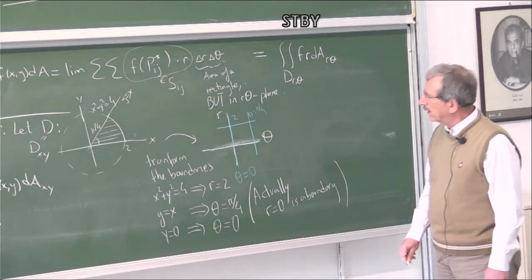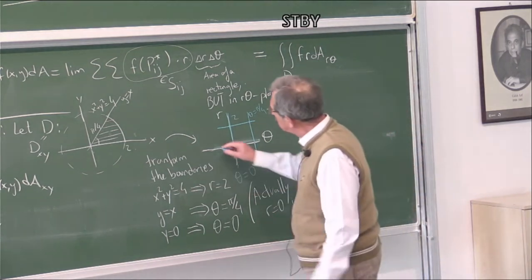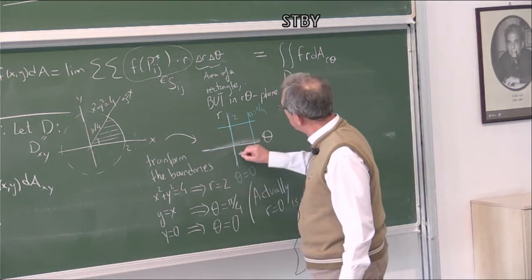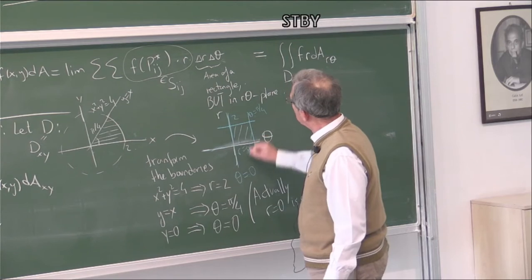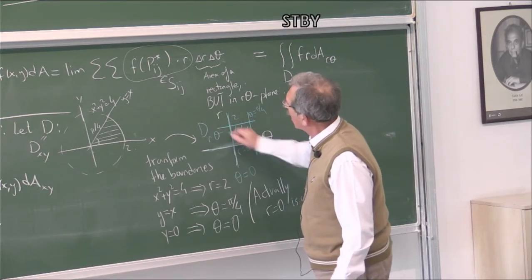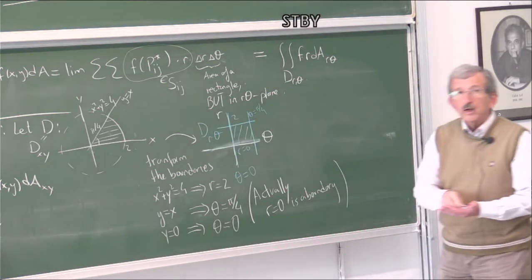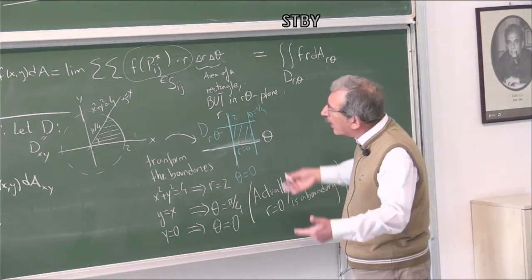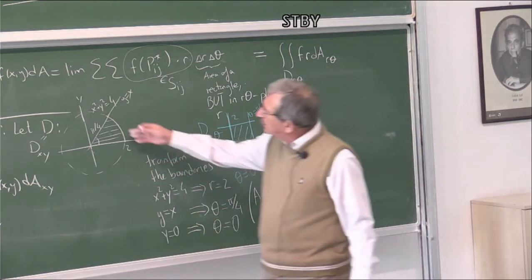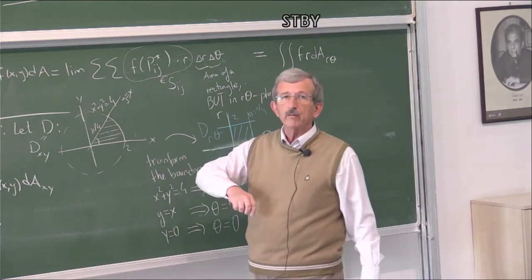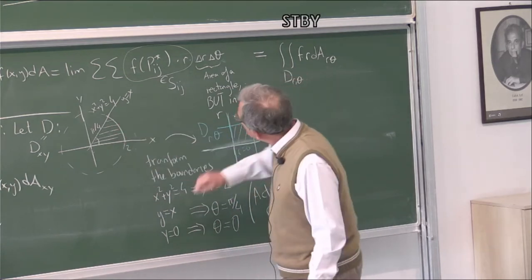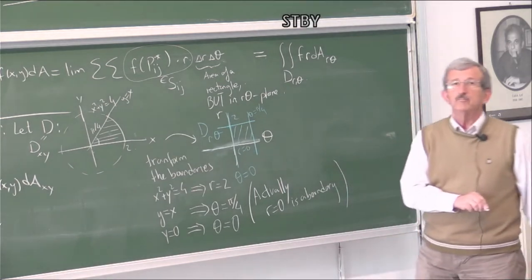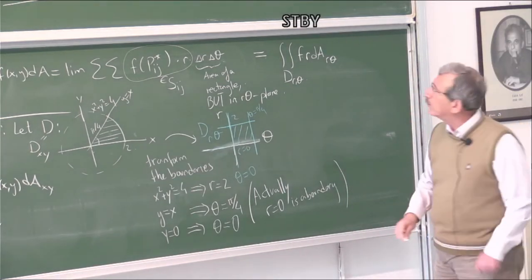So putting this in place, we have our D_r theta. Now, life looks well because we had a very strange looking piece here, but now we have a nice rectangle.